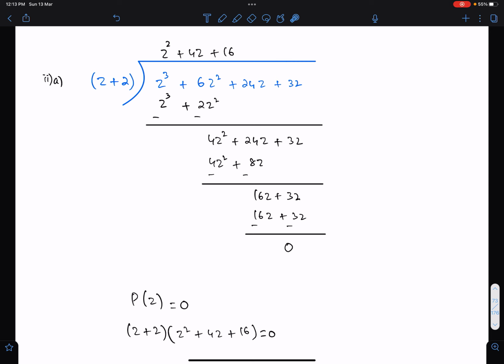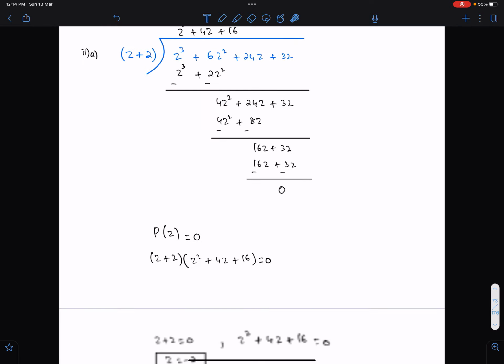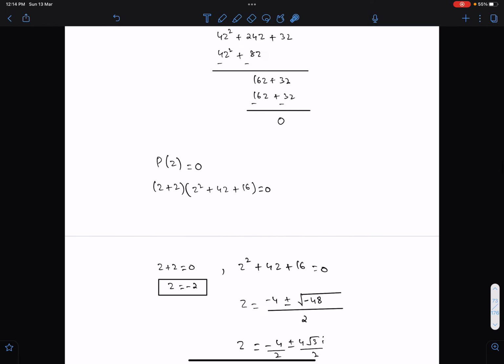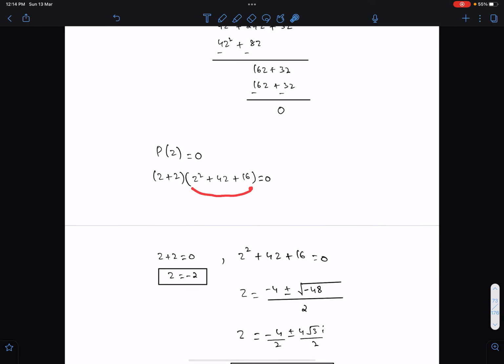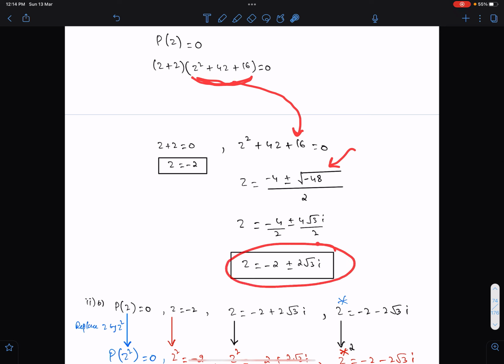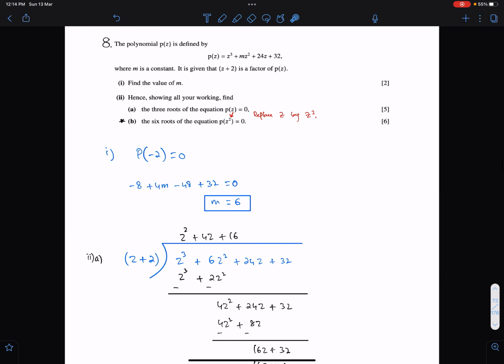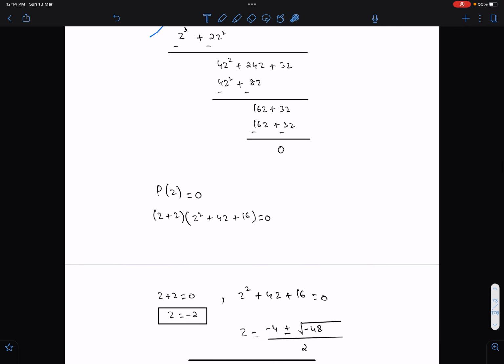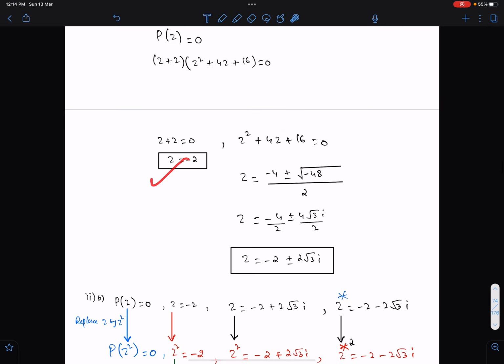So we can write p of z as z plus 2 times z square plus 4z plus 16. Since breaking the middle term is not possible here, by using the quadratic formula on this equation, we have two complex roots. So this is the answer of part 2. The three roots: one root and two other roots.